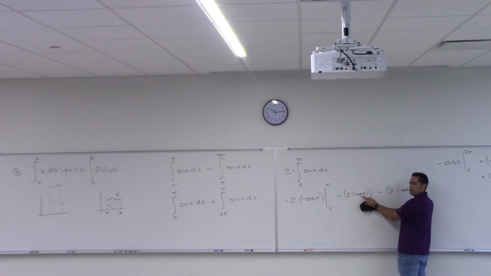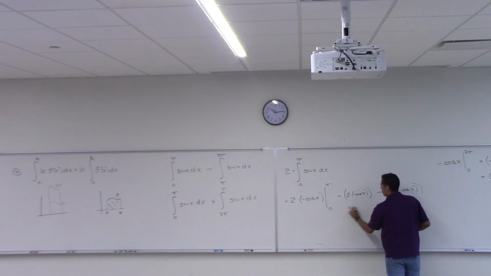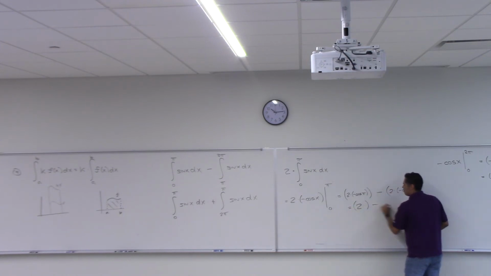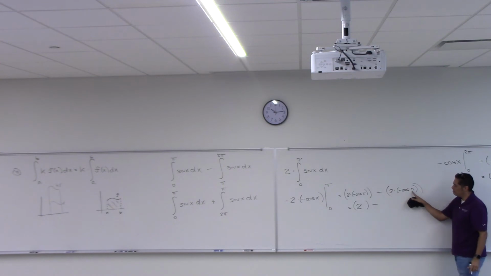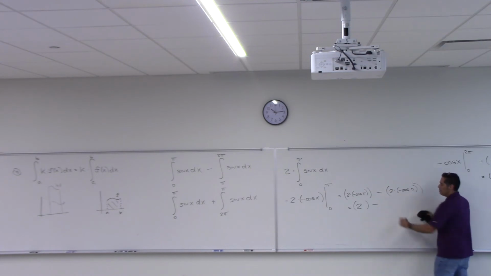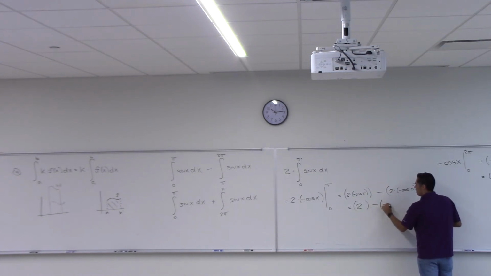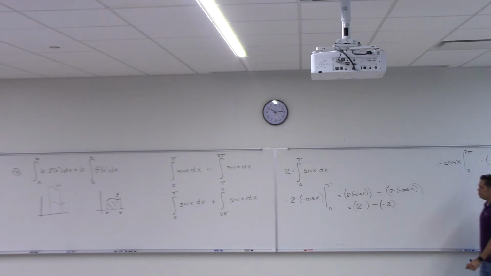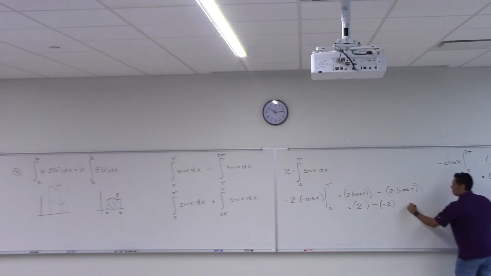So negative, -1, that would give you +1. So that's a 2, right? Minus, and then what's cosine of 0? Cosine of 0 is 1, right? And they make that a -1. So this becomes 2 times -1, that's -2. So that's 2 plus 2, which is 4.